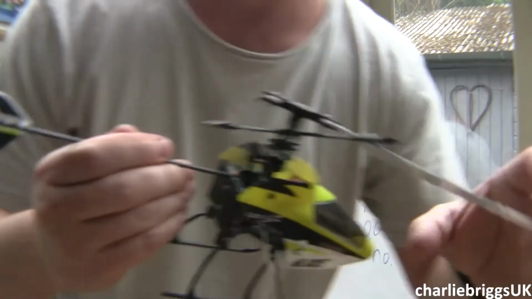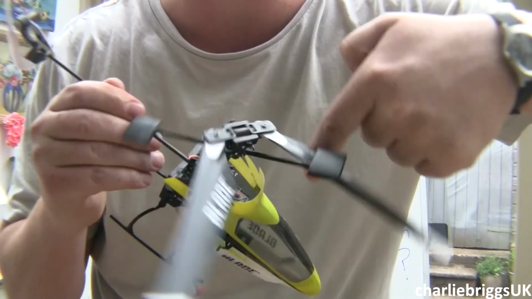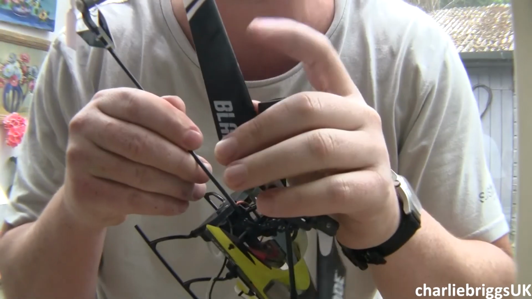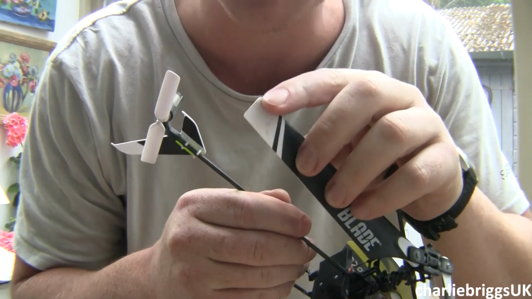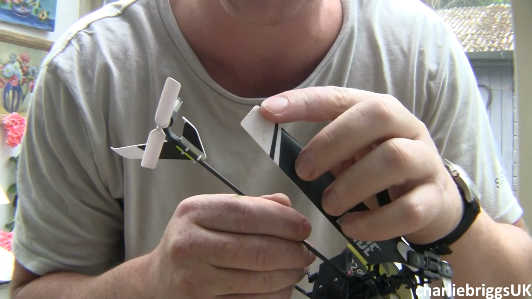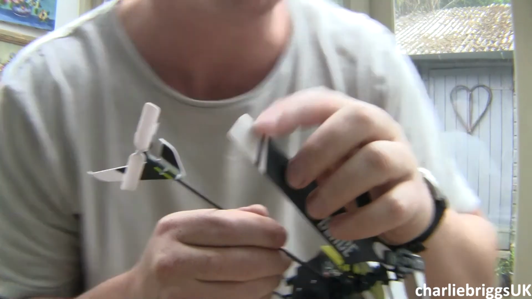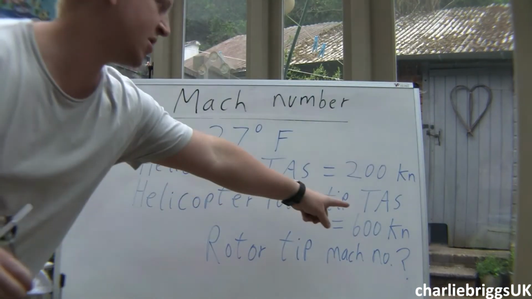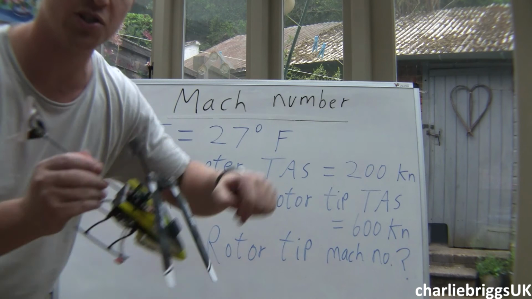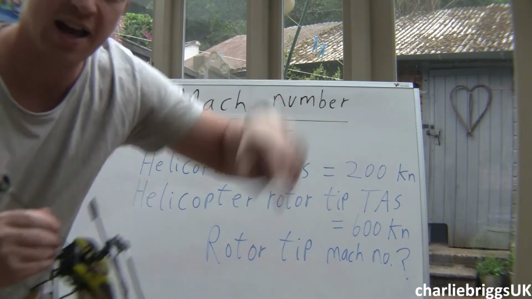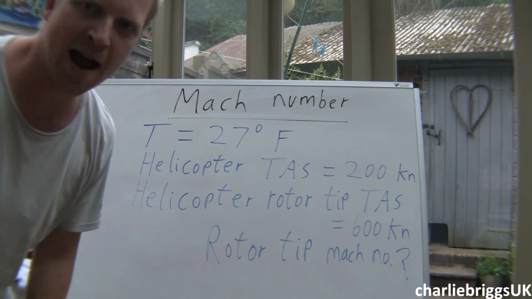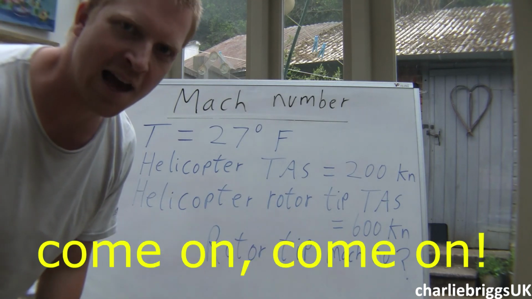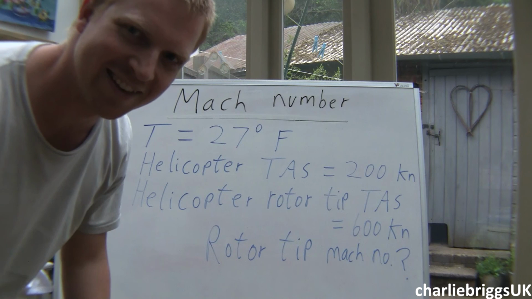Now, as you may know, these are the rotors. Okay, so this is a rotor, and this is the tip. It's the end of the rotor. Rotor tip. Rotor tip true air speed is 600 knots. So it's going round at 600 knots. What is the rotor tip Mach number? Have a try.